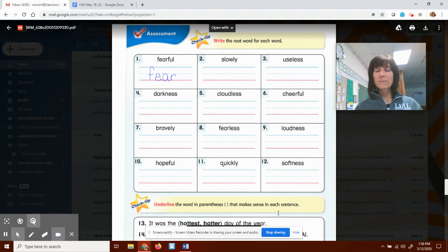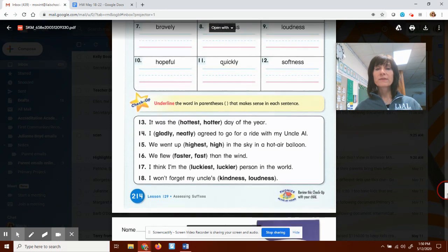For the bottom of the sheet, it says, underline the word in parentheses that makes sense in each sentence. So maybe read the sentence with each word. Don't just choose it right away, so that you don't make any mistakes. The first one, number 13, we'll do together. It was the hottest day of the year. It was the hotter day of the year.